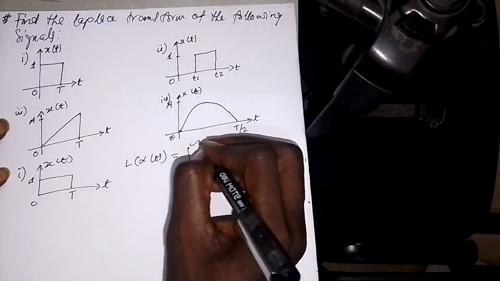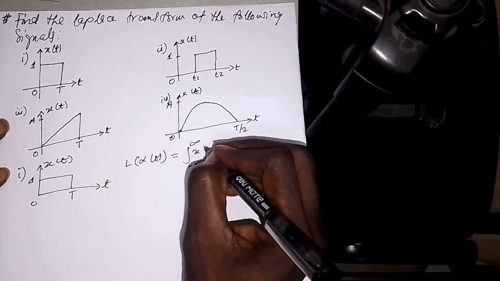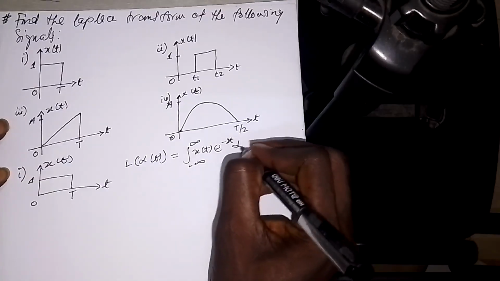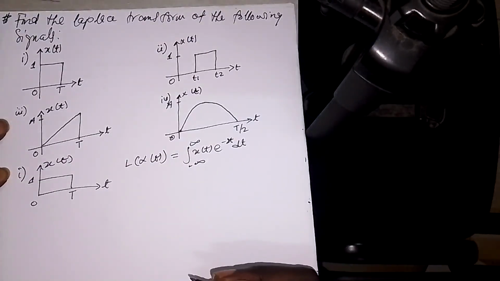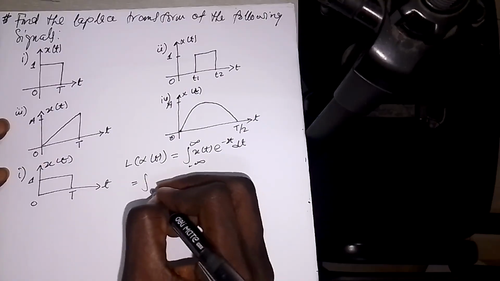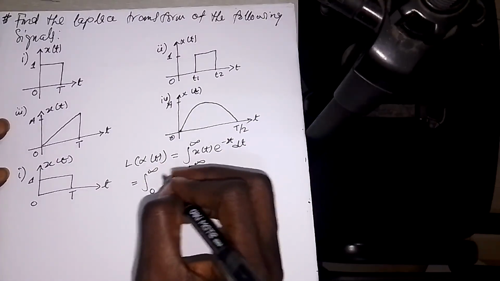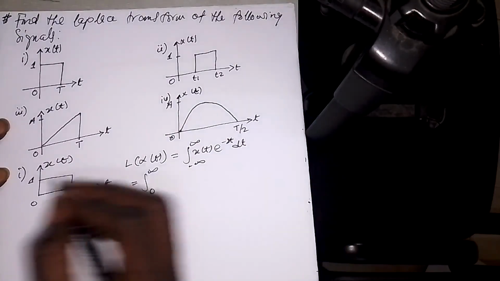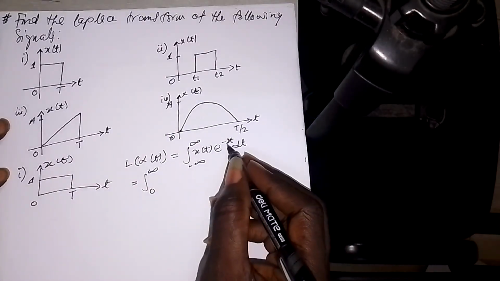Minus infinity to infinity, x of t times e to the minus st dt. So this is what we're supposed to find. But here we can say it's actually equal to 0 to infinity. x of t is going to be 1, so 1 times this is going to be this.